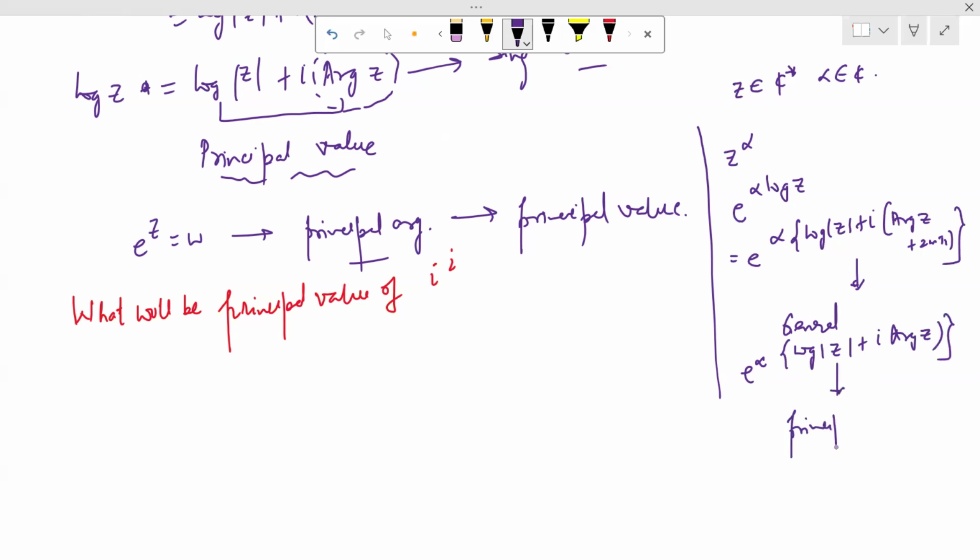Now, if I'm asking you the principal value, how are you going to start? Let us start with the prescription I've given. Iota raised to power iota can be written as e raised to power iota log iota.